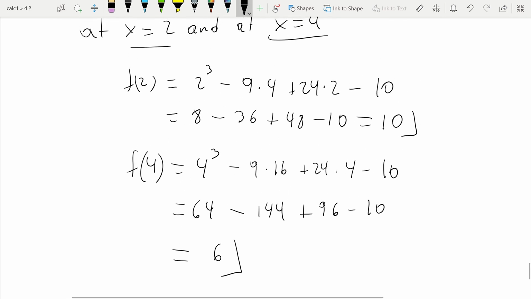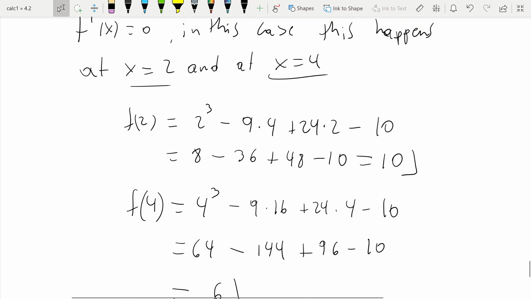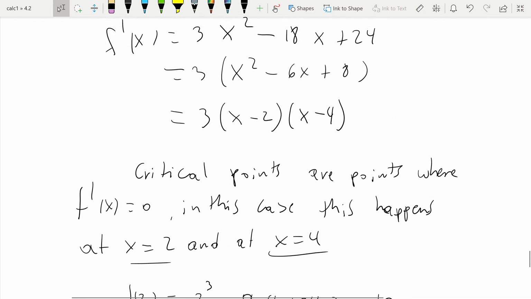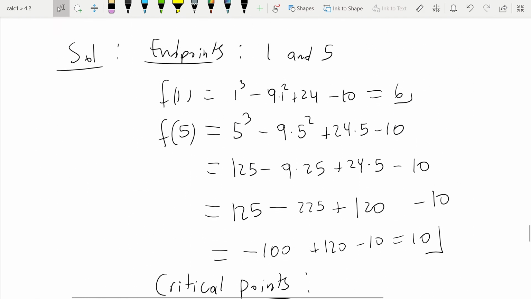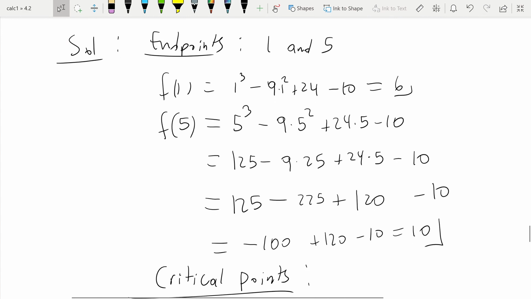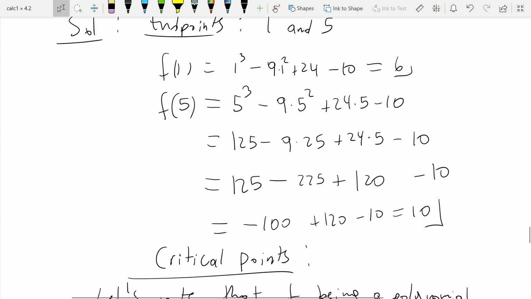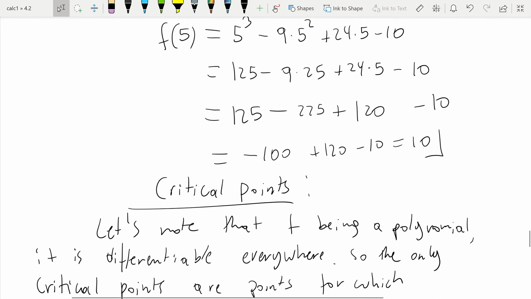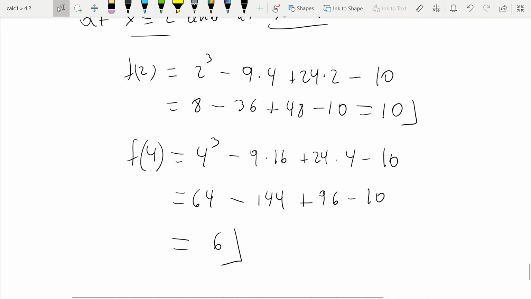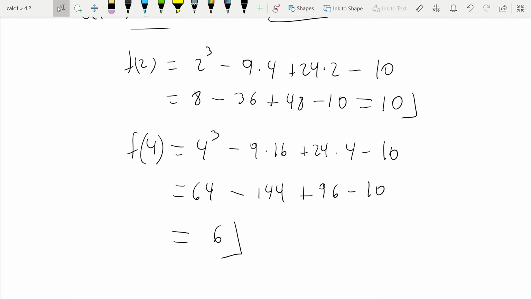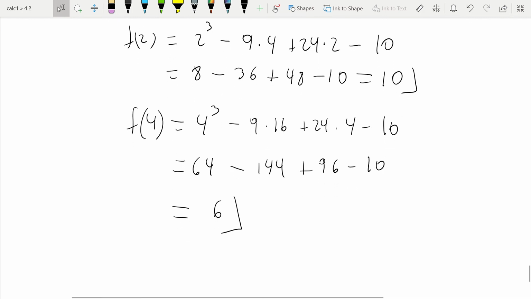Okay, so I obtained the values of f at all the candidates that we have, so let's look at all of them. The endpoints: f of 1 is 6, f of 5 is 10, f of 2 is 10, and f of 4 is 6.